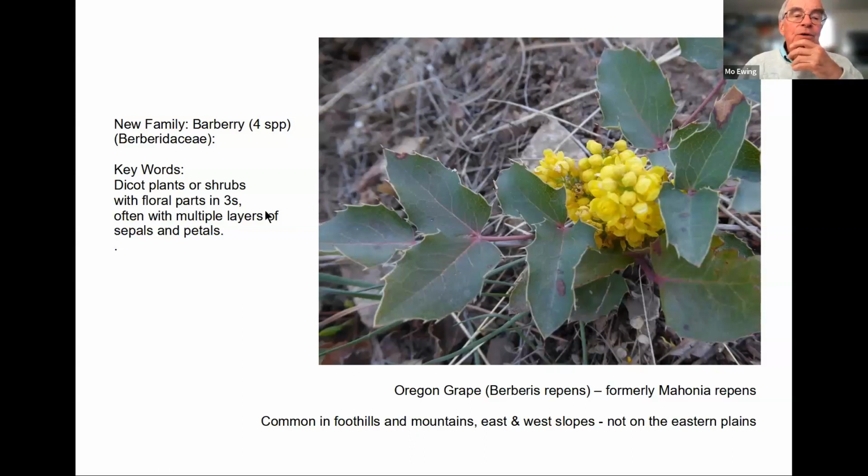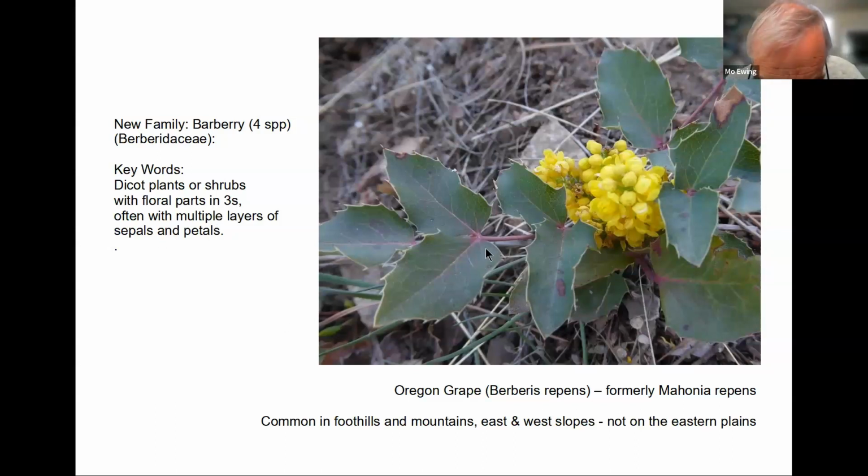But its flower parts are in threes, which is really unusual because they're usually split really evenly between dicots and monocots. The flower parts are either twos or fours or threes or sixes. But this one is a dicot plant with flower parts in threes, often with multiple layers.